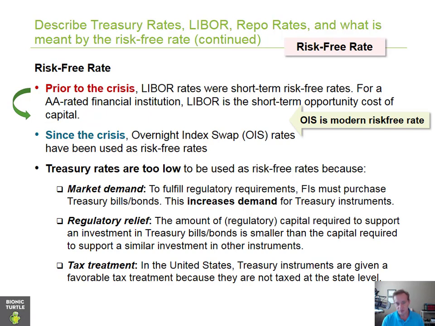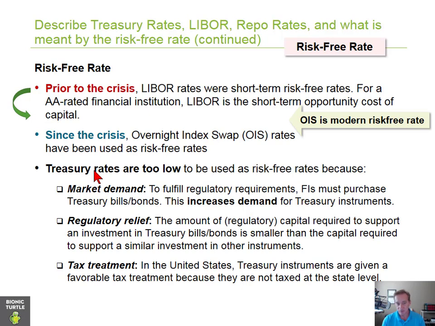Since the crisis, you'll see in John Hull, and this is more true in the 10th edition where he fully fleshes this out and actually makes the substitution, the overnight indexed swap rate, he argues, ought to be the risk-free rate. So that's the OIS.